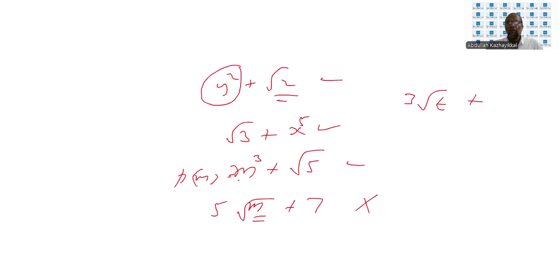No, this is not a polynomial, because the power of t is not a whole number. It is t to the power of half. 3 into t to the power of half plus t is not a polynomial.